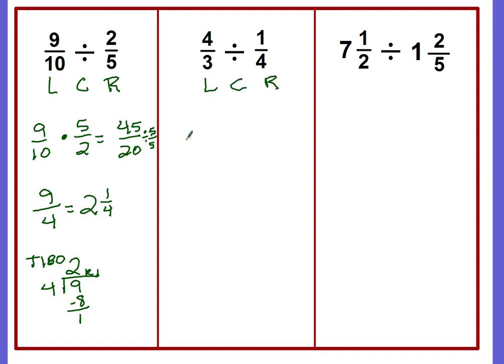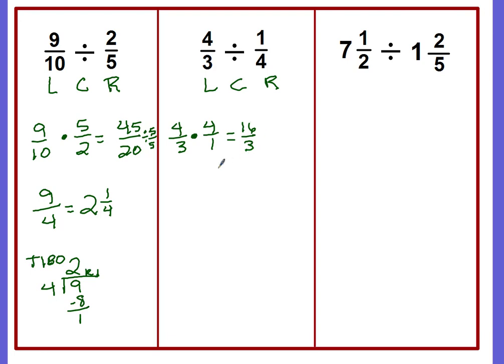Alright, leave 4/3 alone. Change the division to multiplication. Write the reciprocal of 1/4, flip it over, and you get 4 over 1. And now multiply. 4 times 4 is 16, 3 times 1 is 3. The only factor of 3 is 3, and since that's not a factor of 16, this is as simplified as it will get.